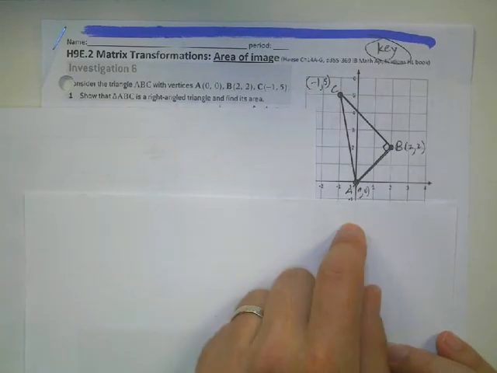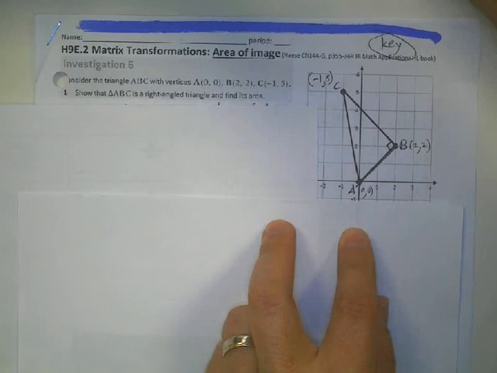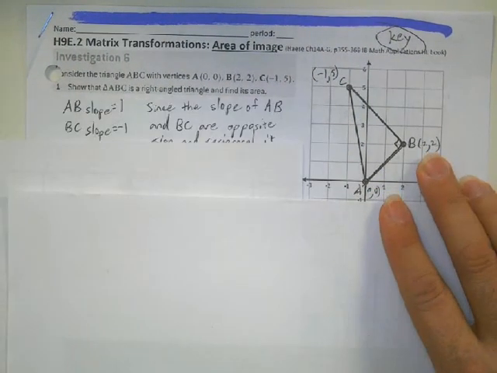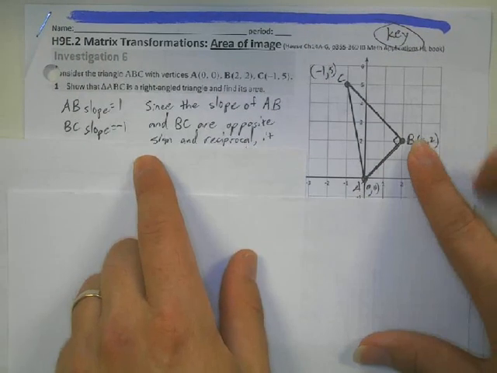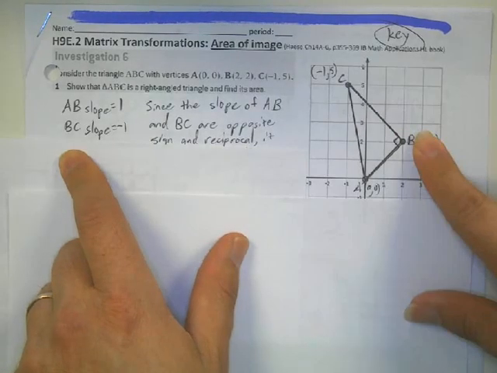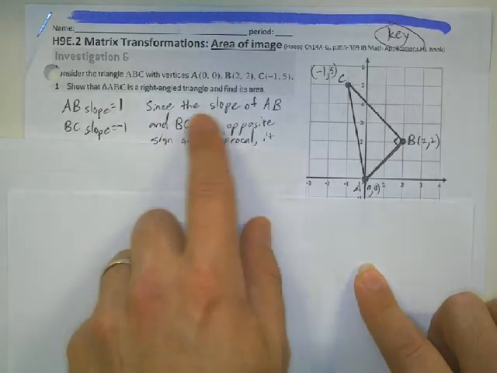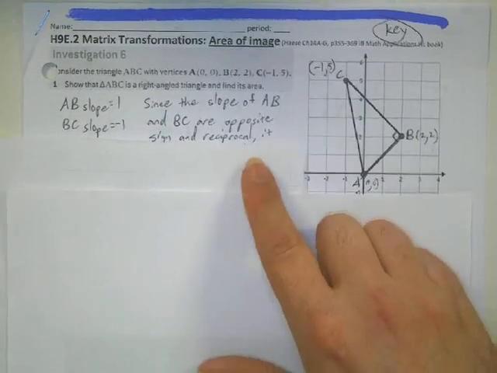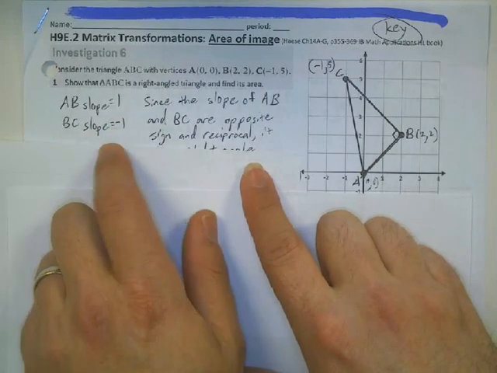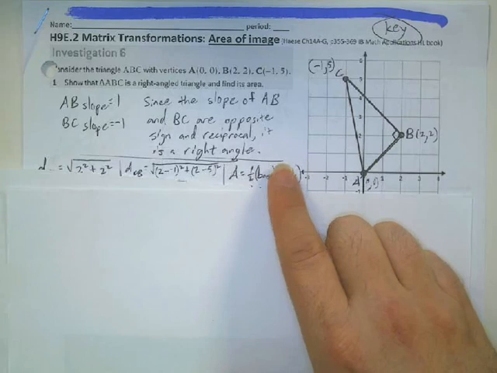But the way you can do it technically is to look at the slope. The slope of AB is 1. The slope of BC is -1. Since the slopes are opposite in sign and reciprocal, well, the reciprocal of 1 is 1, we know that it's a right angle.